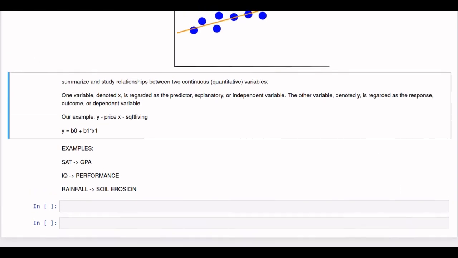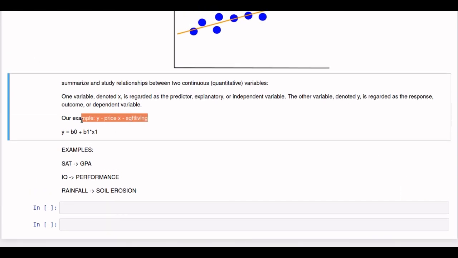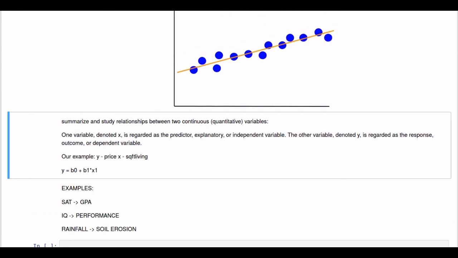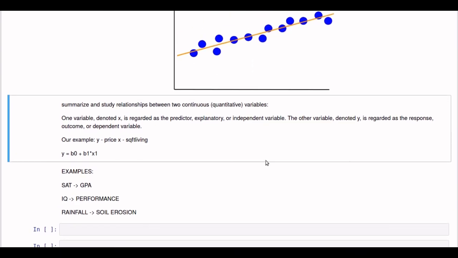So, in the example that we will be working on, we may not only want to look at the size of the house in order to predict the price, but we may also want to consider the location and perhaps the last time that the house was renovated. So this would be all for the theoretical part, and let's try that all in practice.